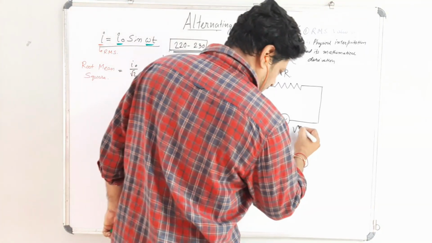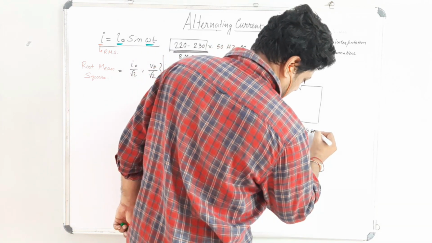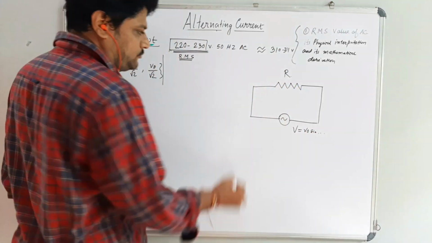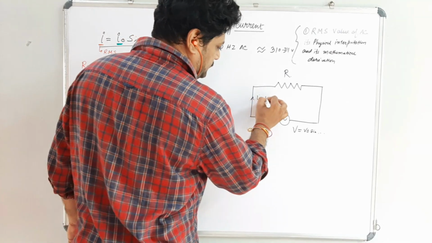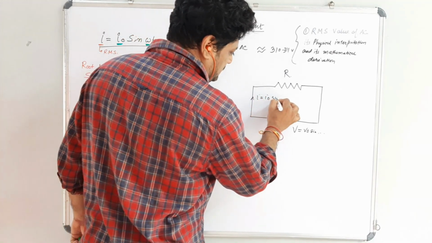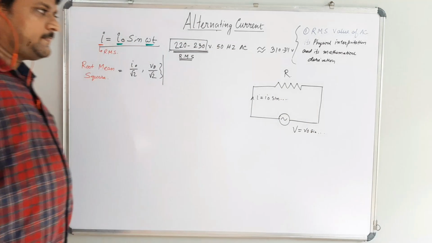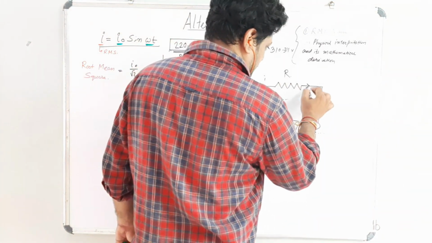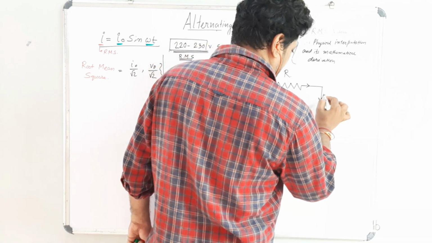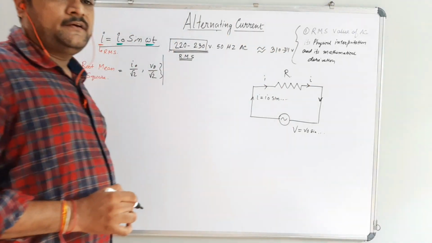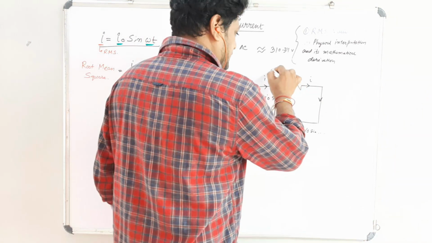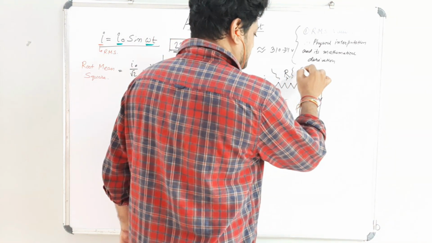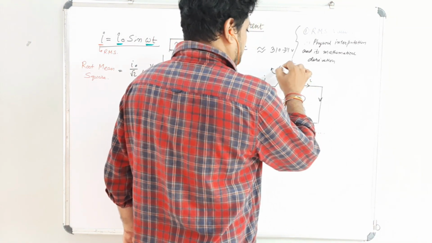So if V = V naught sin something is applied, due to that I = I naught sin something flows through the circuit, and when the current flows through it, it will create some heat.